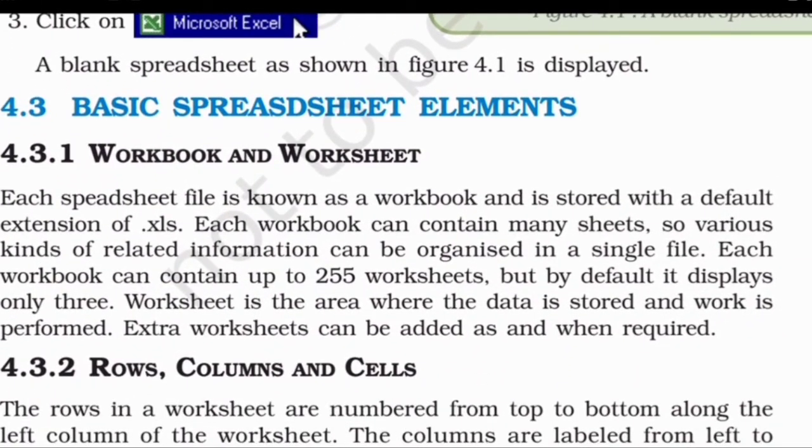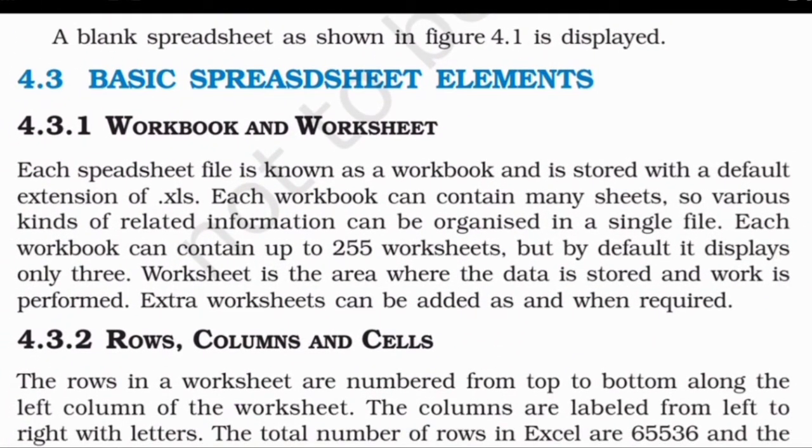Now, basic spreadsheet elements. Workbook and worksheet. Each spreadsheet file is known as a workbook and is stored with the default extension of .xls, that is the extension of MS Excel documents or files. Each workbook can contain many sheets, so various kinds of related information can be organized in a single file.